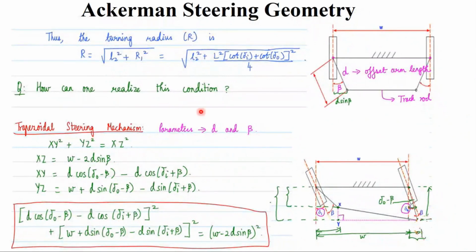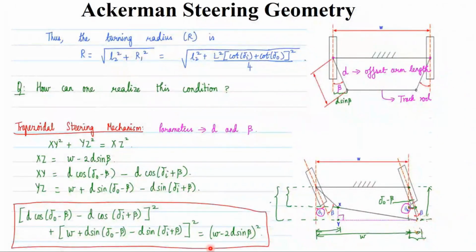Okay, that's how one can realize the condition of this Ackermann mechanism: while designing the steering system, you should ensure that the parameters d and beta are such that this condition is satisfied. If I put the question, what is the governing equation or governing parameters which correlate the parameters d, beta angle, del I angle, del O, then this is the governing equation.